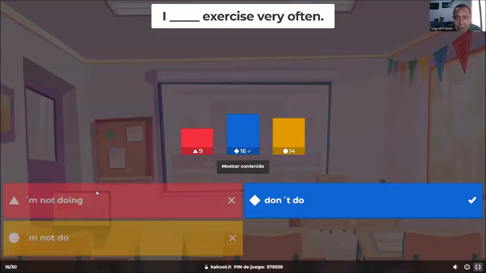I don't do exercise very often. Remember that we use don't or doesn't to make a negative sentence in simple present. In this case, the subject is I. That's why we use don't. And don't forget that do is a main verb too.